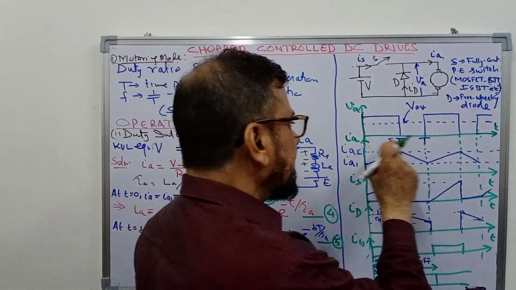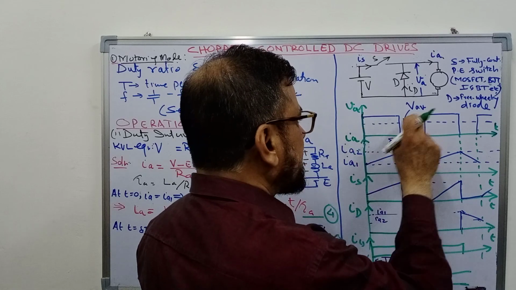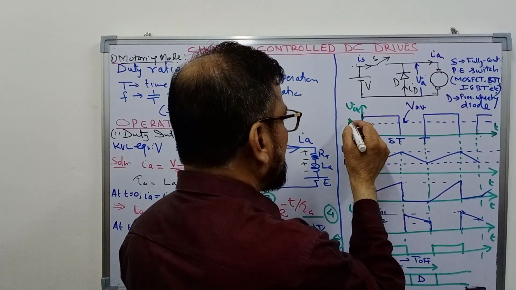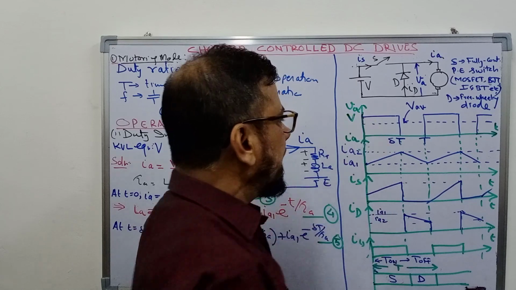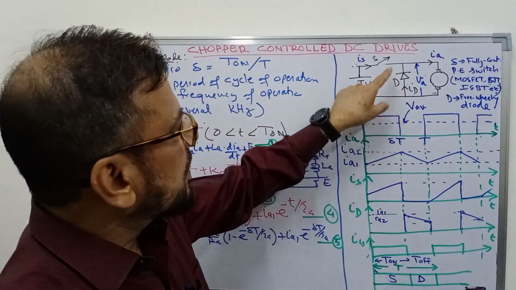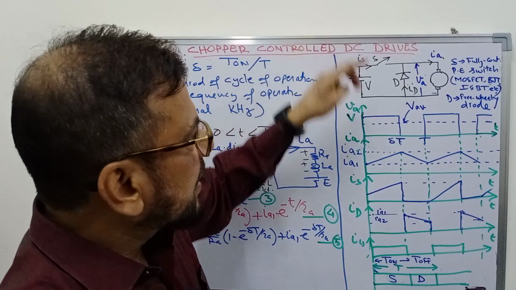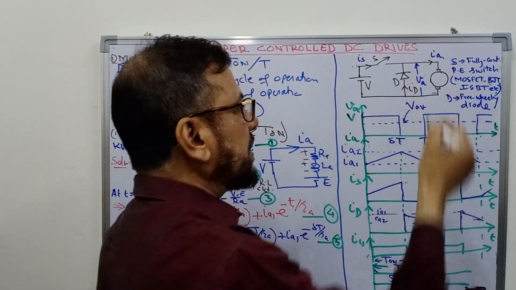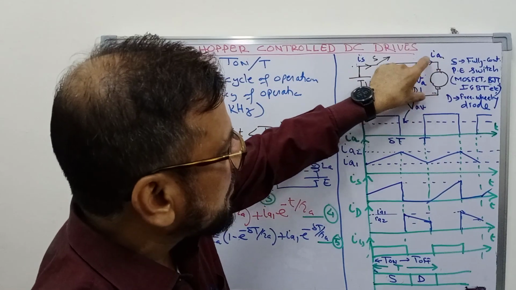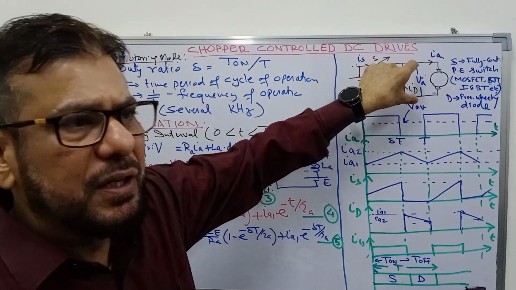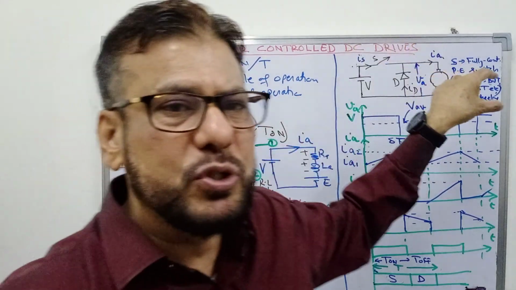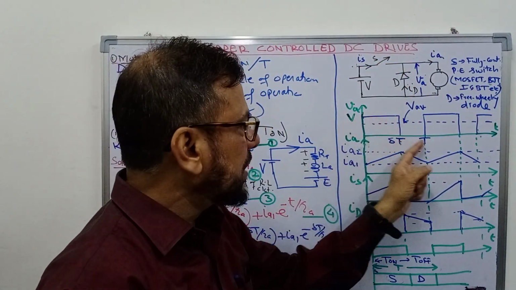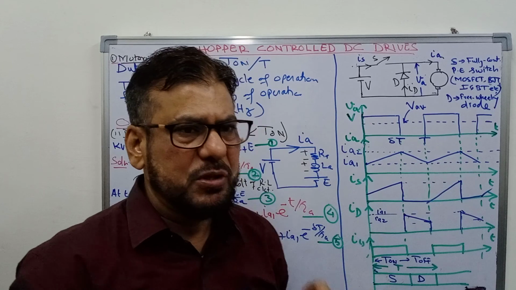So during the on period of the switch, the voltage across armature is equal to the source voltage V, and when the switch is turned off, current is forced to flow through the freewheeling diode D, and the voltage across armature will be the same as the voltage across the diode, and if we are assuming an ideal switch here, the voltage will be equal to 0. In that way the voltage will fluctuate across the armature.